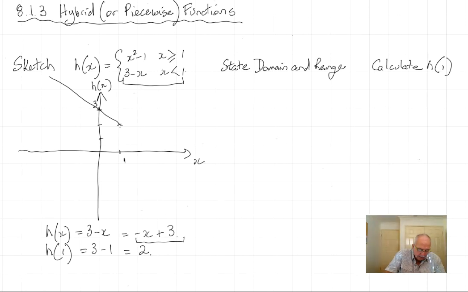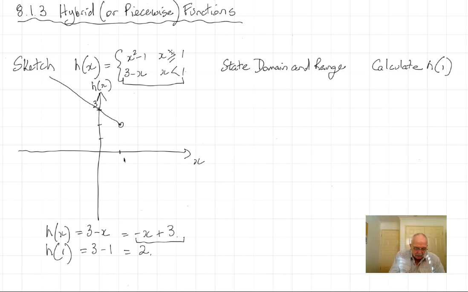Now because it does not include the value 1, we put an open-ended circle to show that it does not include x equals 1. So this part of the graph does not include x equals 1. We've just found that endpoint, so we know where to put our open-ended circle.